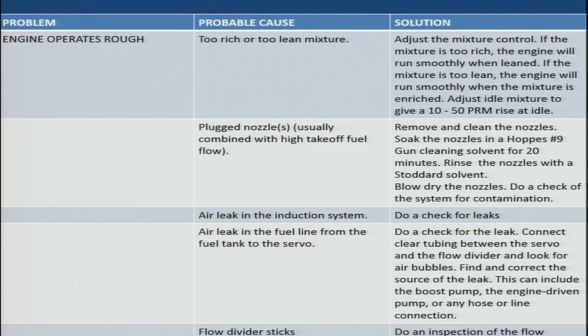Now, in case the nozzles are plugged, nozzles are blocked, then we need to remove the nozzles and clean them. There is a procedure for how to clean the nozzles, and after cleaning we need to check the nozzles as per the manufacturer's guidelines. Once the nozzles are okay, we need to install them back.